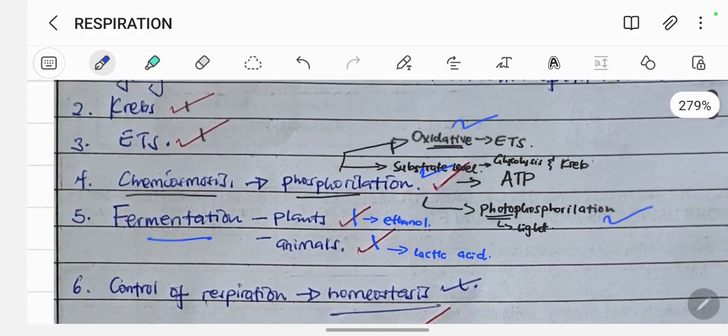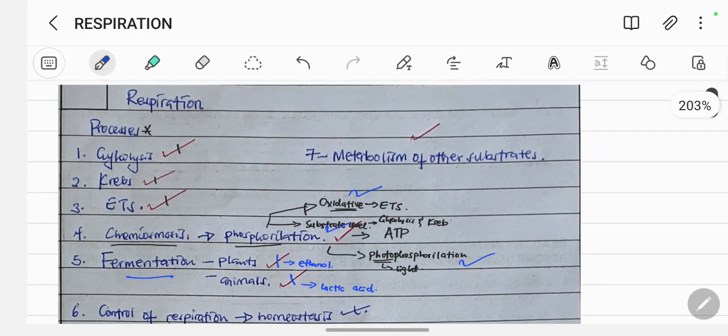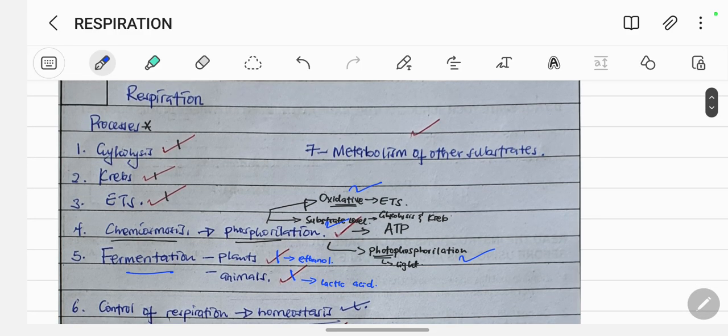So I'm just giving you a brief preview about what we're going to handle under respiration. I'm going to be focusing mainly on these processes.